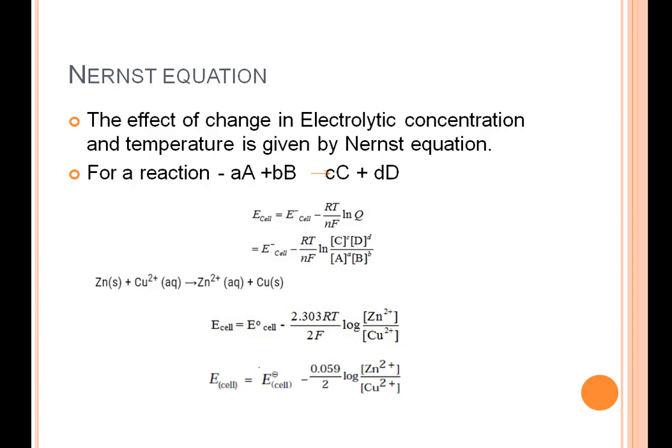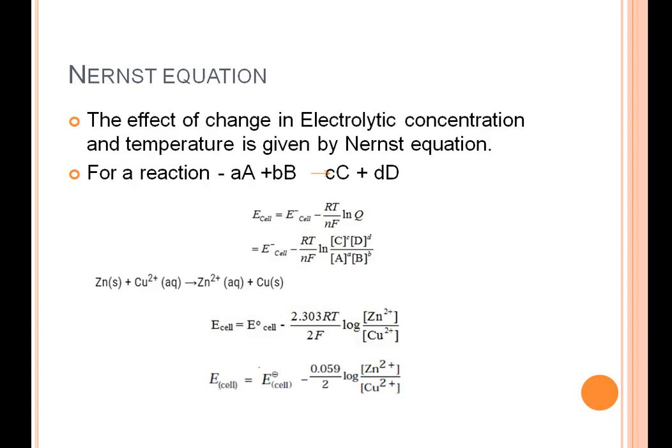What is 2 here? 2 is the number of electrons lost or gained. Now in this reaction, zinc will lose 2 electrons to change into zinc ions. Copper ions will gain 2 electrons to change into copper. So it will be minus 2.303 RT upon 2F log of concentration of zinc ions upon concentration of copper ions.